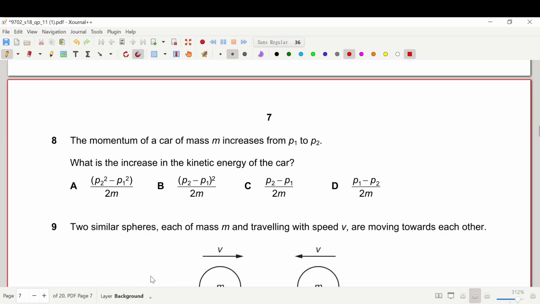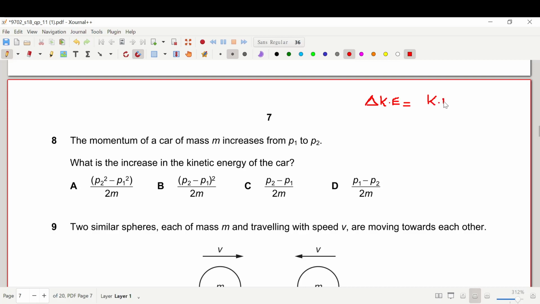Then we have momentum of a car of mass m increases from P1 to P2. What is the increase in kinetic energy of the car? When there is a momentum increase, we will have change in kinetic energy.